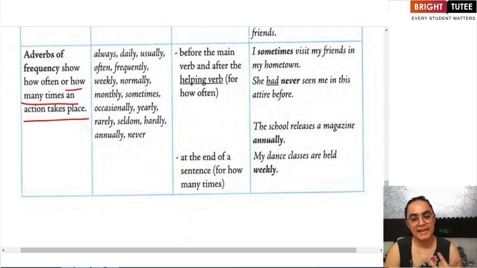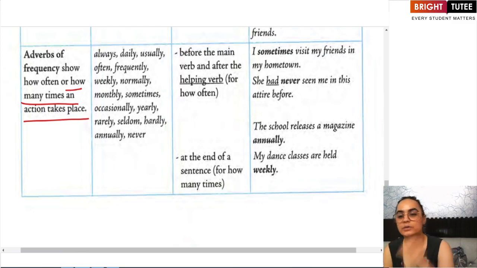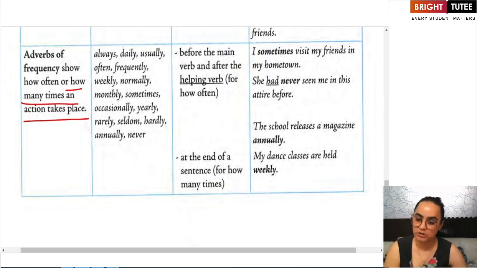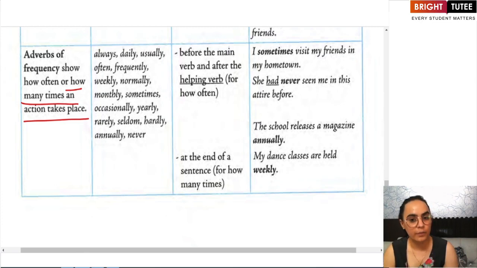Every day, daily, always, sometimes, several times, frequently, annually, never, seldom, hardly, monthly, yearly, occasionally. So, those words which tell us how many times an action takes place are known as adverbs of frequency. When do we use an adverb of frequency?